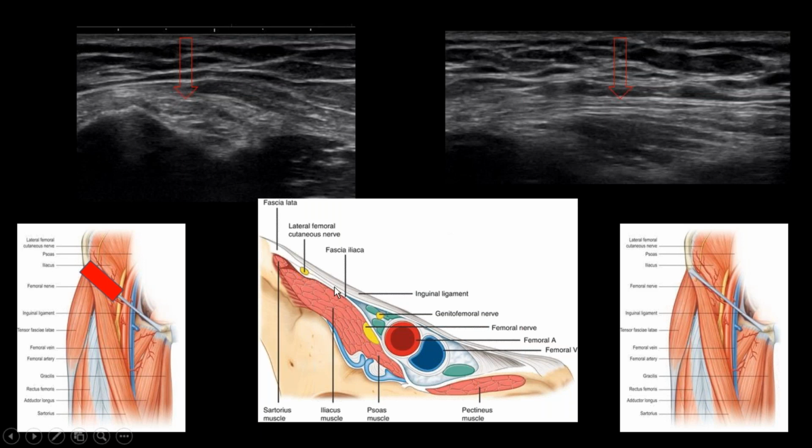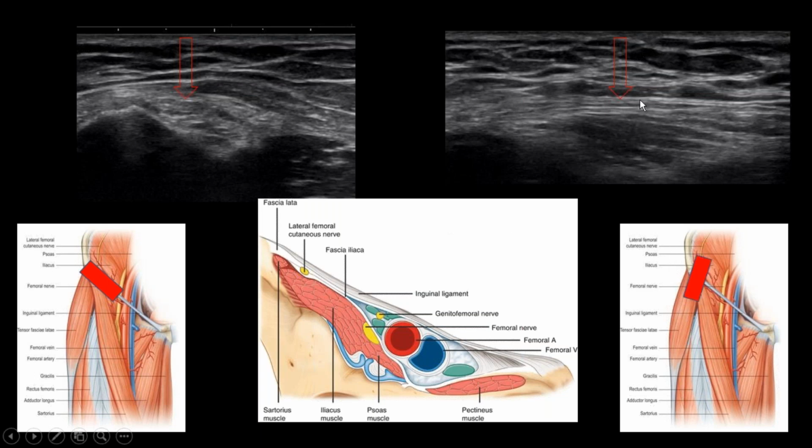And in long axis, you see it as a small, very thin nerve, which doesn't have very clearly defined margins like bigger nerves such as the median and ulnar nerves in the upper extremity.